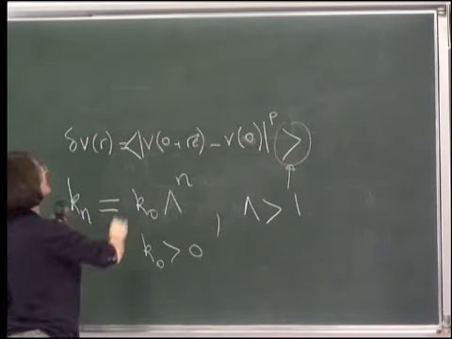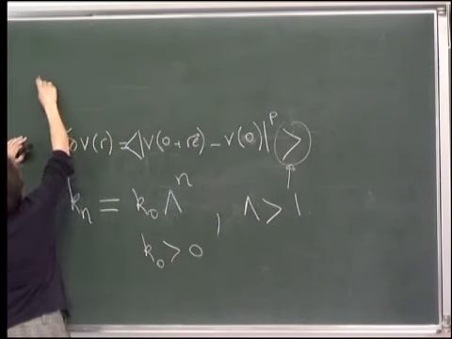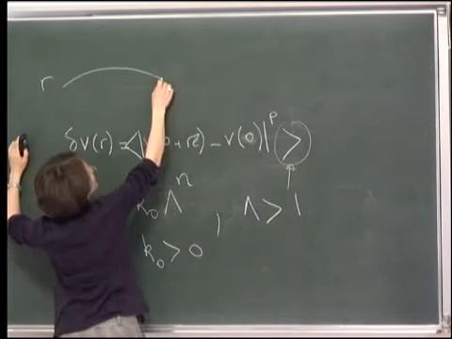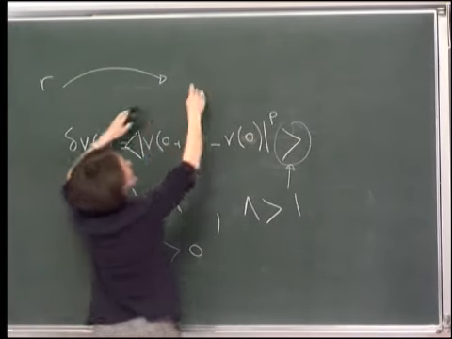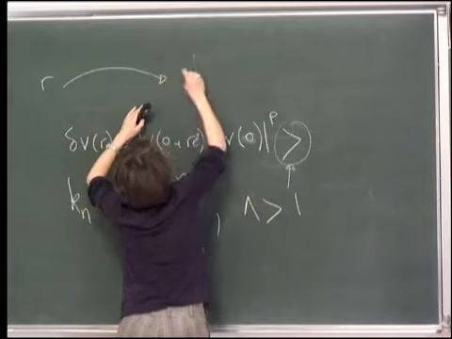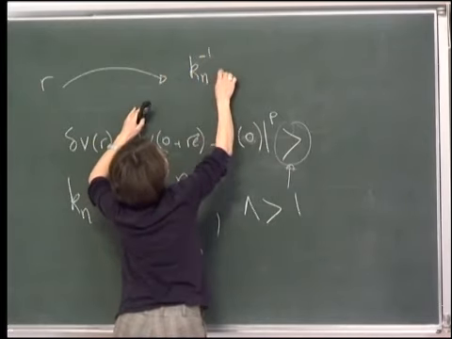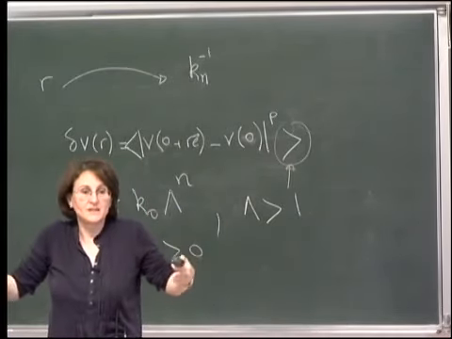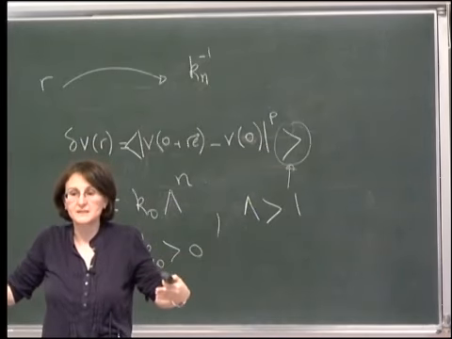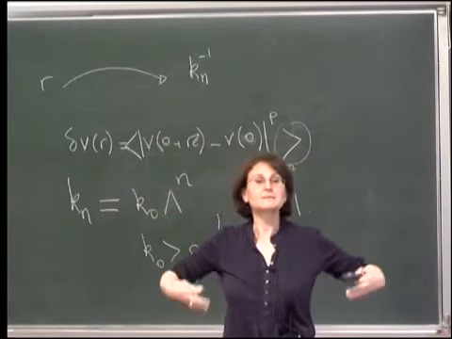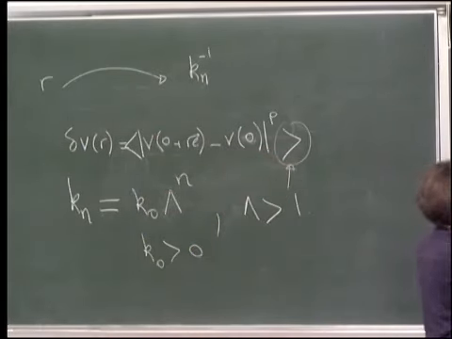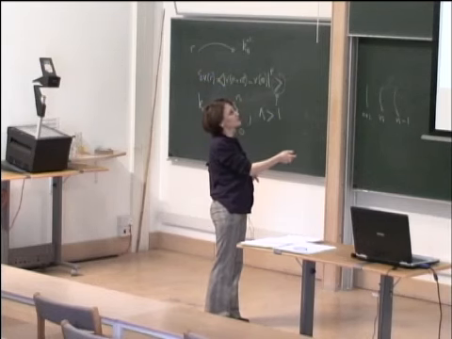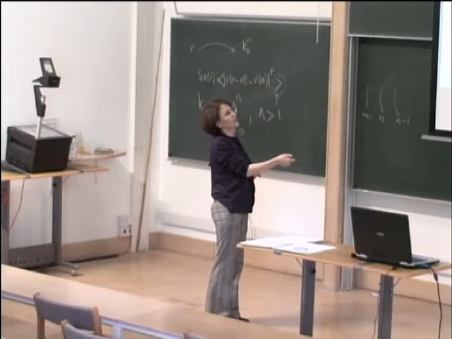Let me make one correspondence. r, which is in the physical space, corresponds in the Fourier component to k_n to the power minus 1. Everything you have to think of now is that I am not anymore in the physical space, with Sobolev spaces in physical space, etc. Now I am in the Fourier space, which means that I have the Fourier components. And the structure function associated to the model, this is one particular model.